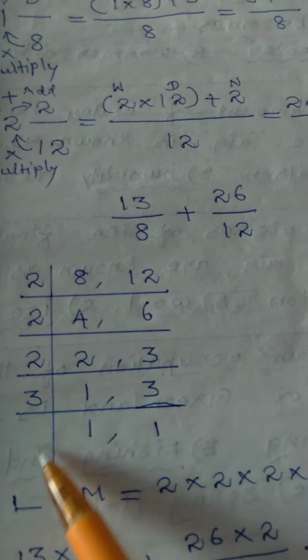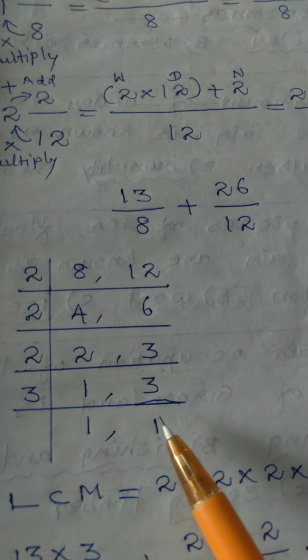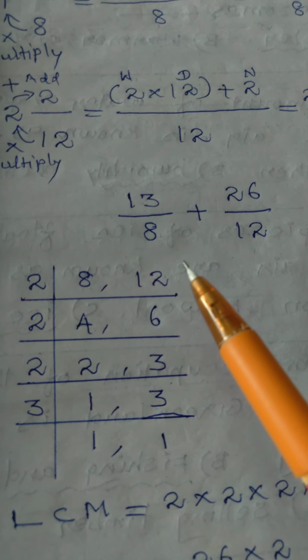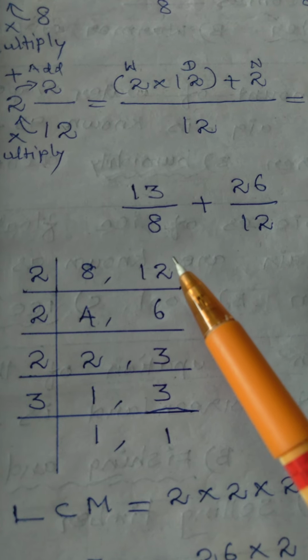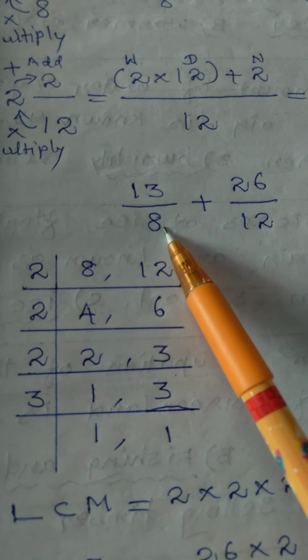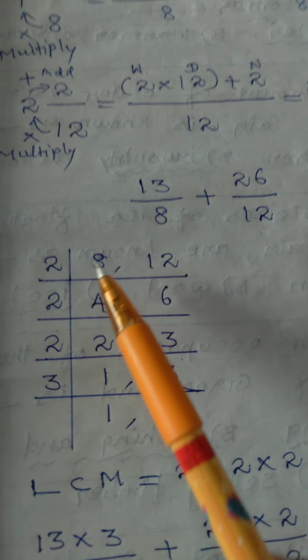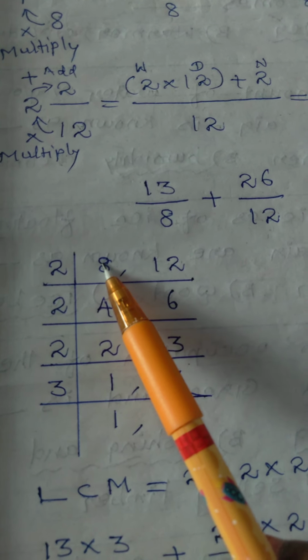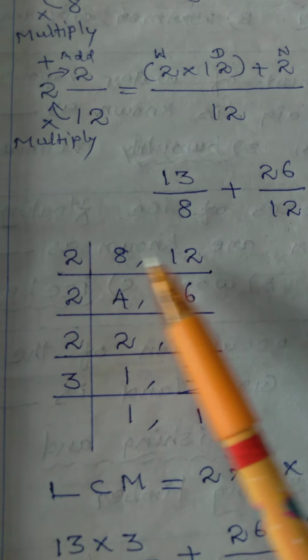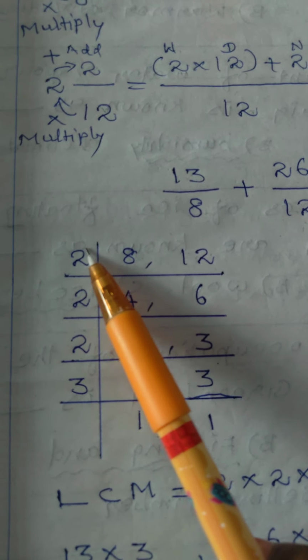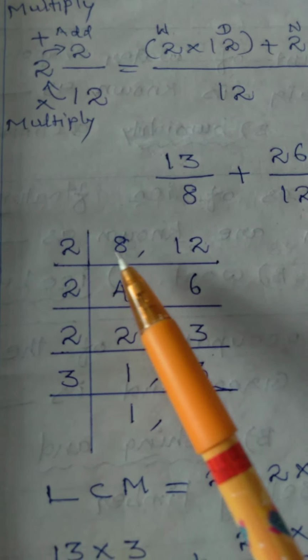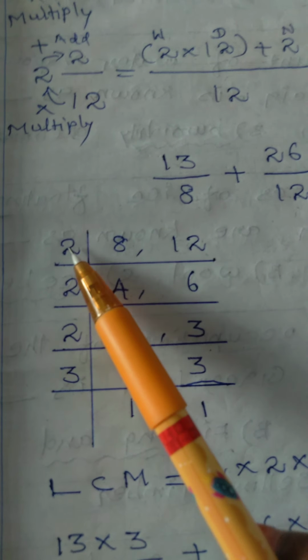This is the ladder division method. First we have to find the LCM of these two numbers, 8 and 12, through the ladder division method. Both numbers are even, so we can take the smallest even number, 2, to divide these two numbers.